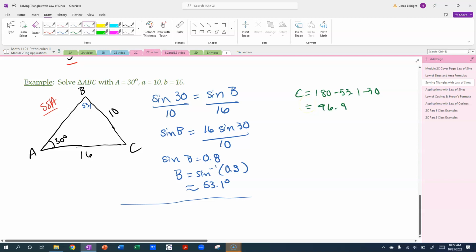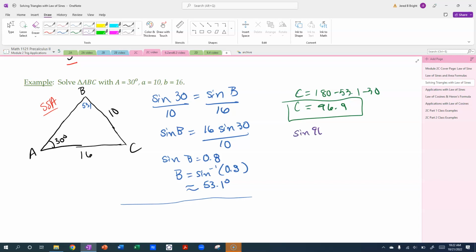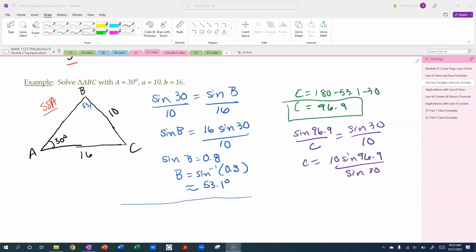So great, we have that C. And then lastly, we would need to find side length C. So sine of 96.9 over side length C is equal to sine of 30 over 10. And then solving, we'd have C is equal to 10 times sine of 96.9 over sine 30. And number crunching, I got that C is approximately, if I'm rounding to one decimal place, 19.9. Okay, so this is one triangle.